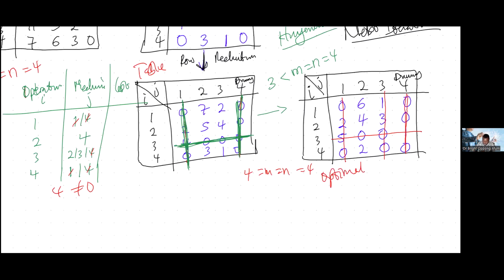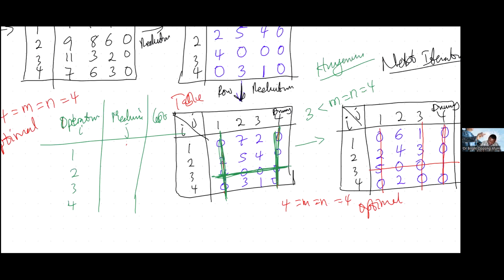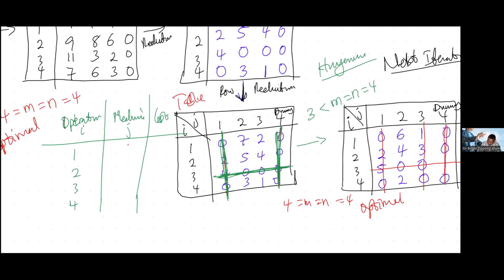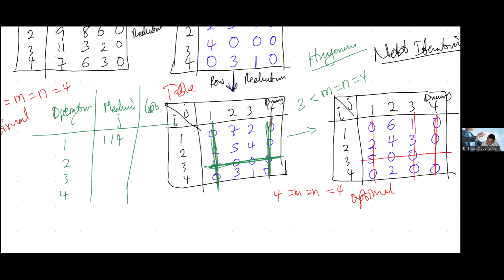All right, so we do our allocation again. We'll come back to this table that we created here. And we will see. So 1 can be assigned to 1 or 4. 2 can be assigned to 4. 3 can be assigned to 2 or 3. 4 can be assigned to 1 or 3 or 4.